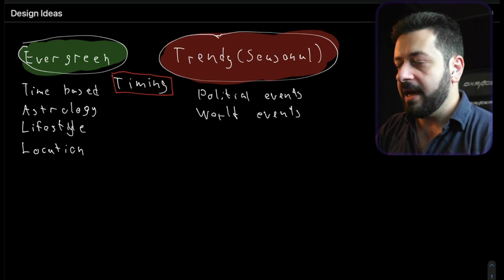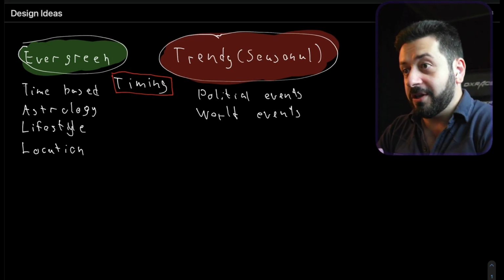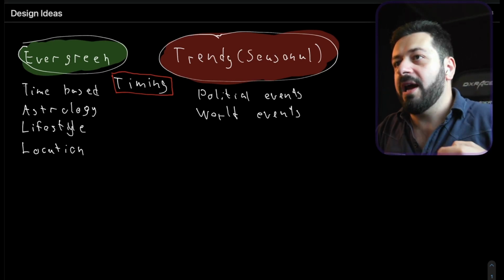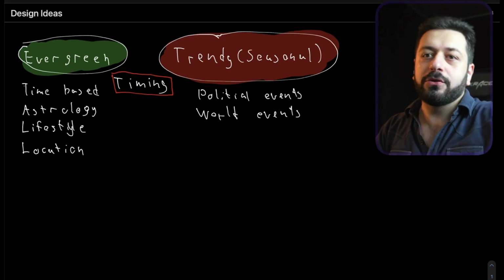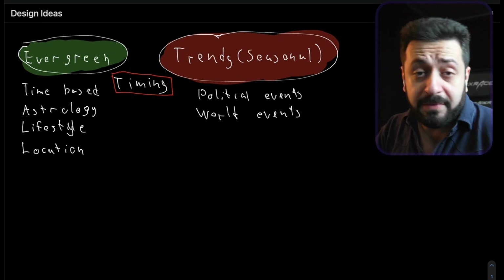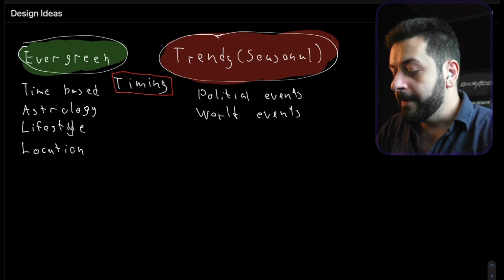You can monetize designs like a leap year, which happens once every 4 years. You can say "the 29th of February, the day that I work." Things like that. You can say, oh, you work only one day every 4 years. I know it's a stupid design, but someone may buy it. You can do that as well, and the timing is extremely important right there.